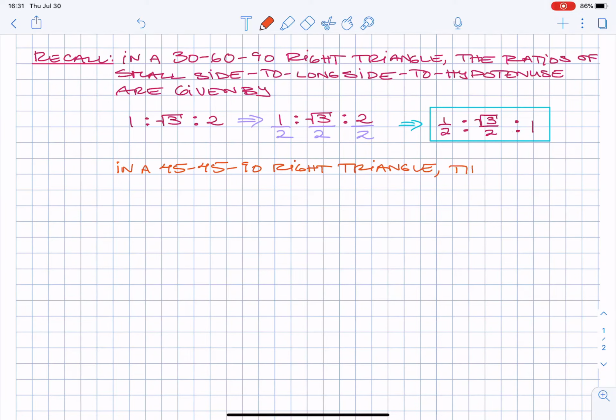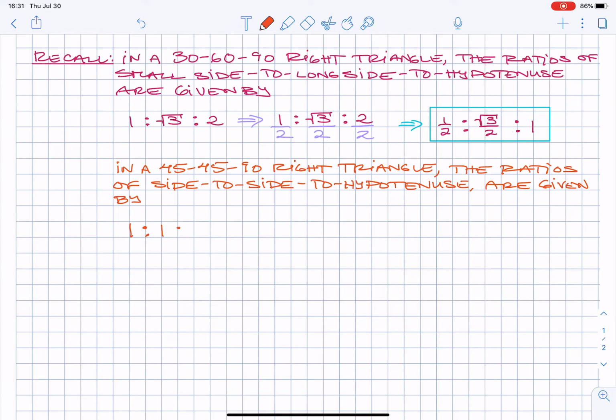The ratios of side to side to hypotenuse, remember both sides are the same here, are given by 1 to 1 to the square root of 2.